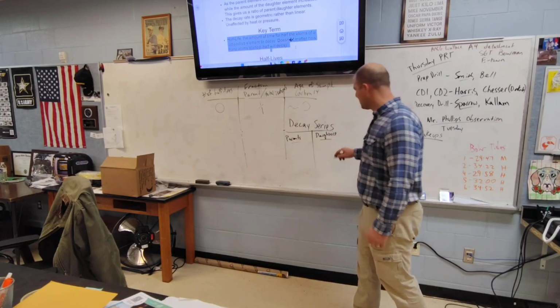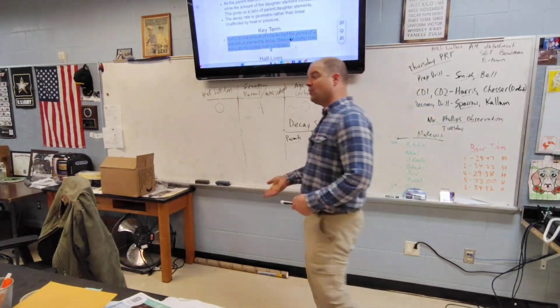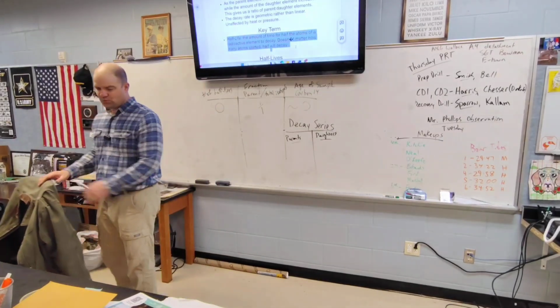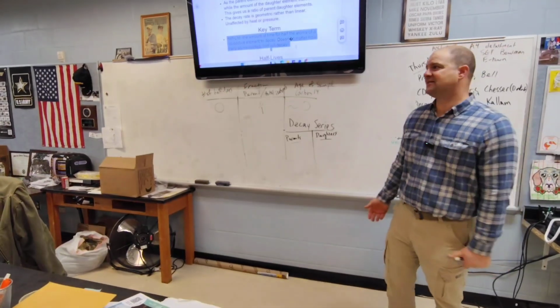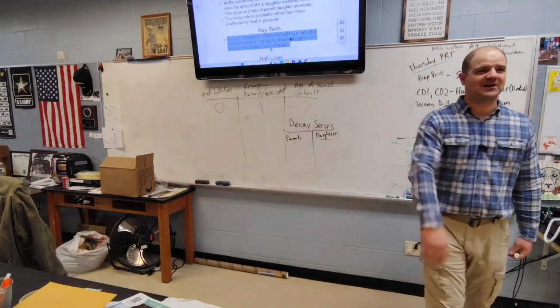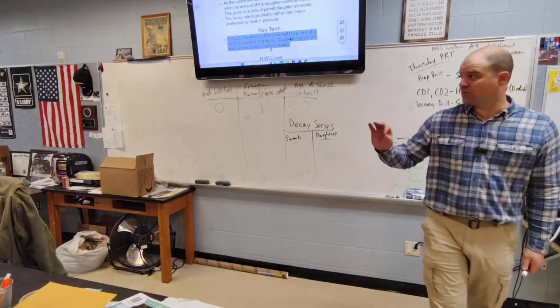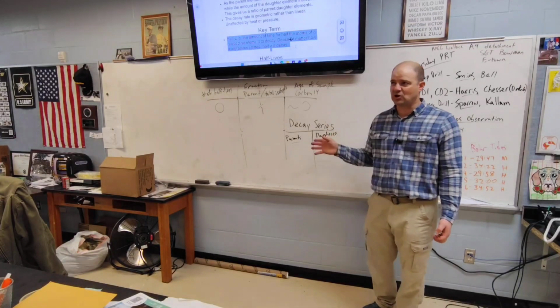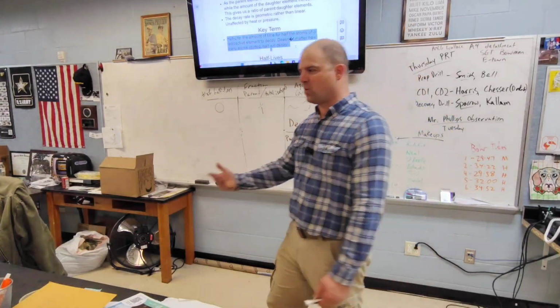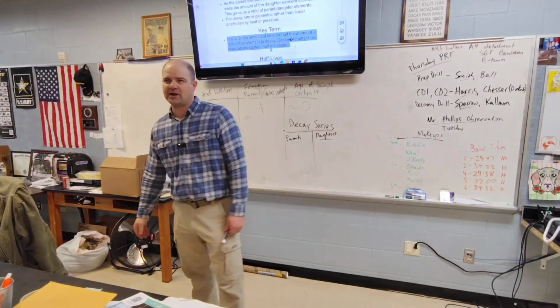So we have a few commonly used decay series. What that means is there are a few commonly found isotopes that are radioactive, that's the parents, that will decay into the daughter isotopes, but they're found in things that we want to figure out how old they are.